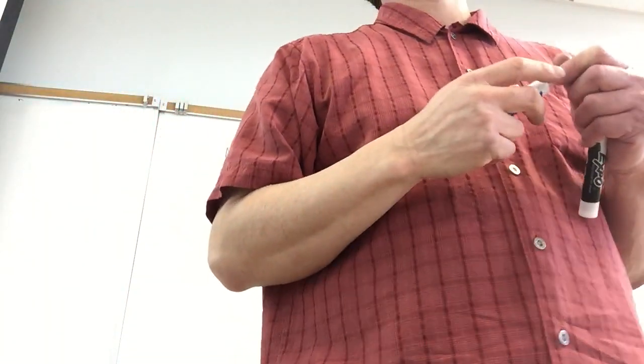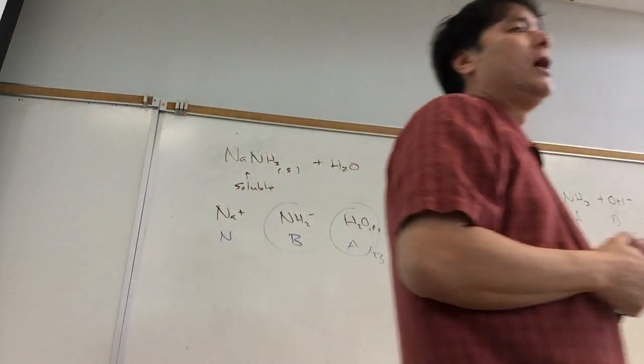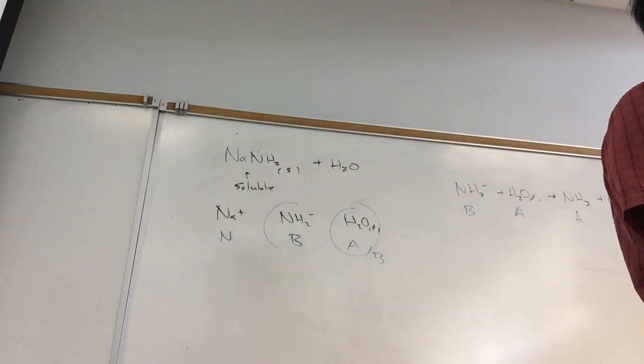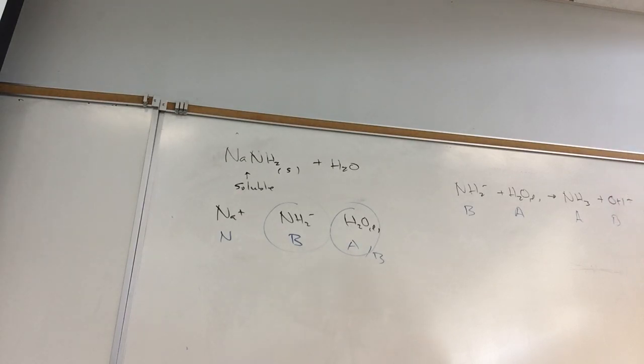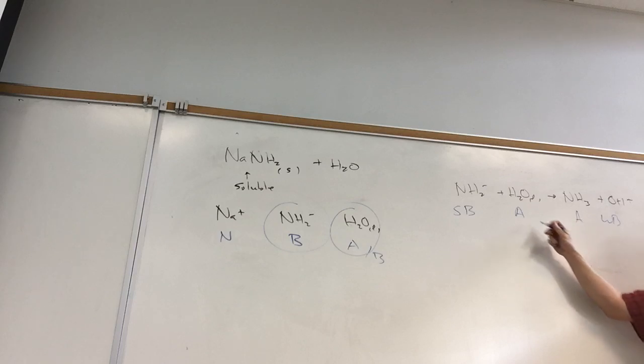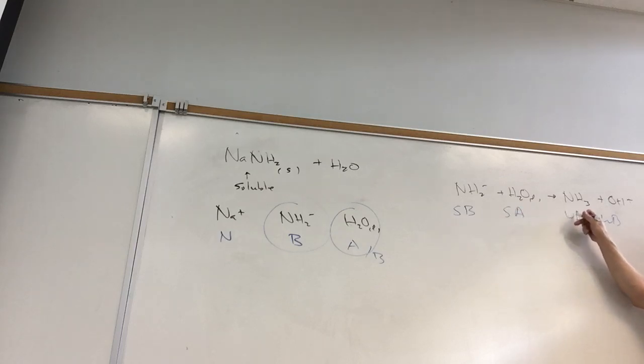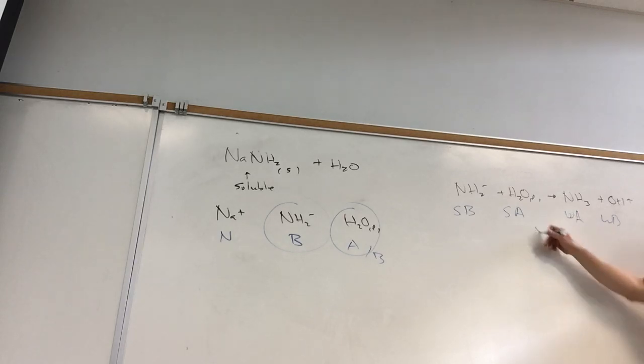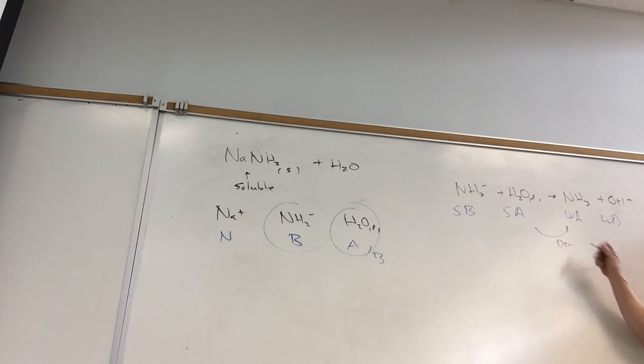Ammonia is amphoteric. But we're biased to think ammonia is a weak base, right? It depends on what you react with. Going to this, which one's a stronger base, amide or hydroxide? Amide's a stronger base, hydroxide's a weaker base. Water versus ammonia, which one's a stronger acid? Water is a stronger acid. Ammonia is a really bad acid, pretty decent base. And so again, we have a driving force here.